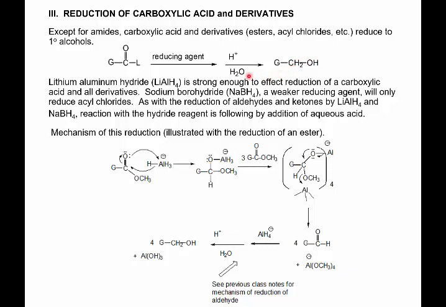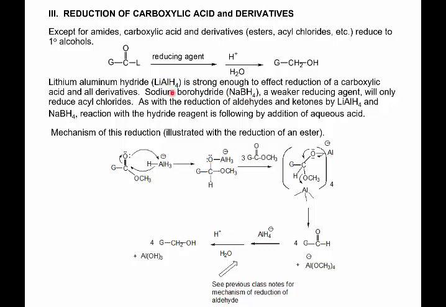Now, in this reaction, there are two reducing agents that are used: lithium aluminum hydride (LiAlH4) and sodium borohydride (NaBH4). Now, we've done a lot to date with sodium borohydride. I don't think we've done very much with lithium aluminum hydride. Yeah, actually, we did mention it in the reduction of aldehydes and ketones. We should know that lithium aluminum hydride is about 10 times more potent than sodium borohydride, 10 times more reactive.